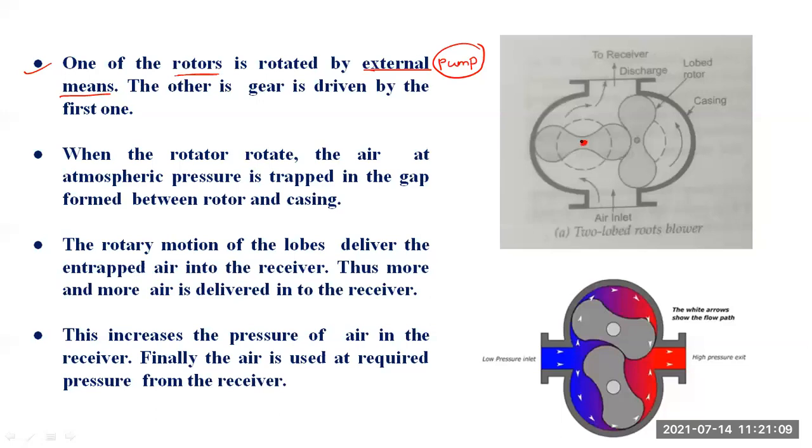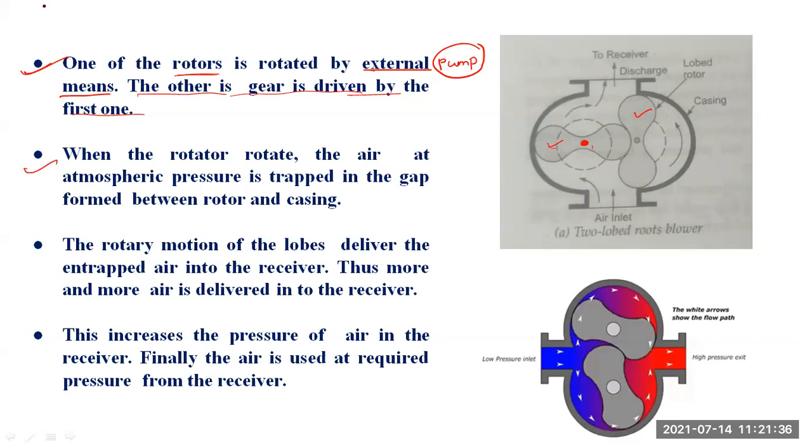The external pump will rotate this rotor, and the other one is gear driven by the first one. So some gearbox arrangement will be there. When this rotor rotates, this lobe will also rotate, and it will rotate the second lobe with the help of a gear arrangement. That is the meaning of the first point.